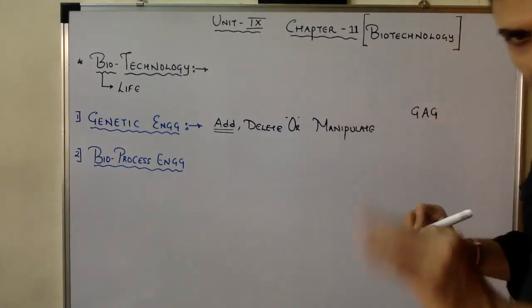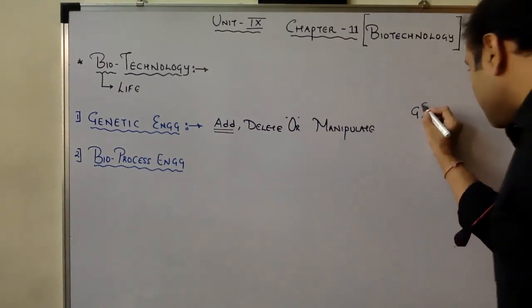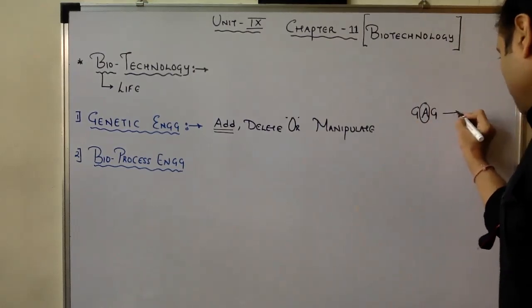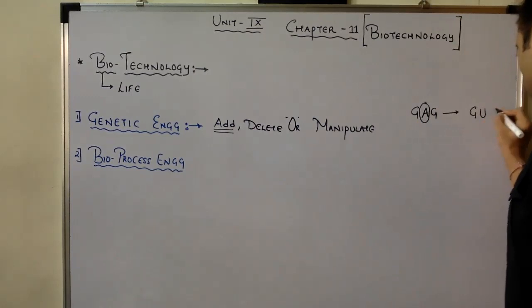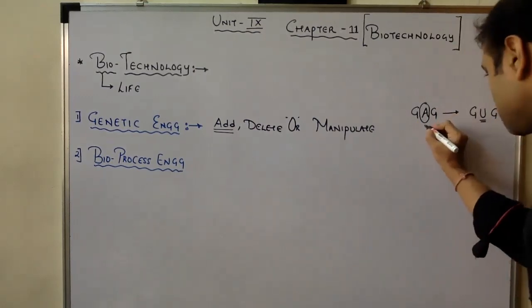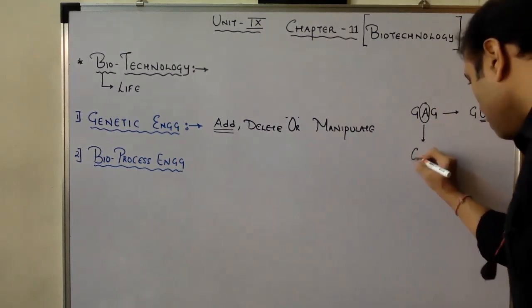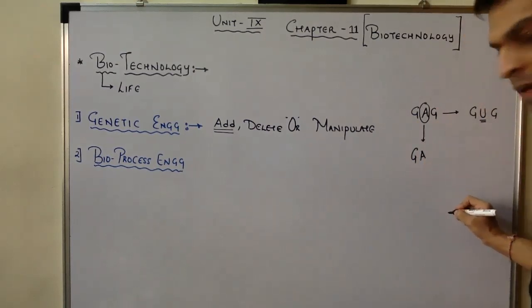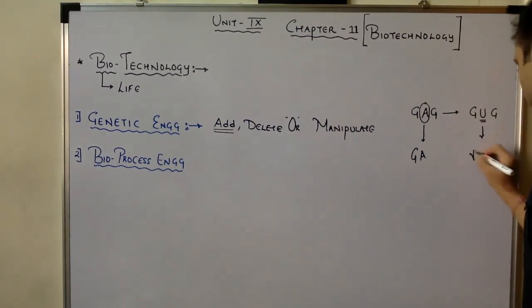GAG. Now, what happens is, there is a mutation, and because of that, the codon is converted into GUG. Okay, now, this GAG codes for glutamic acid, whereas GUG codes for valine.